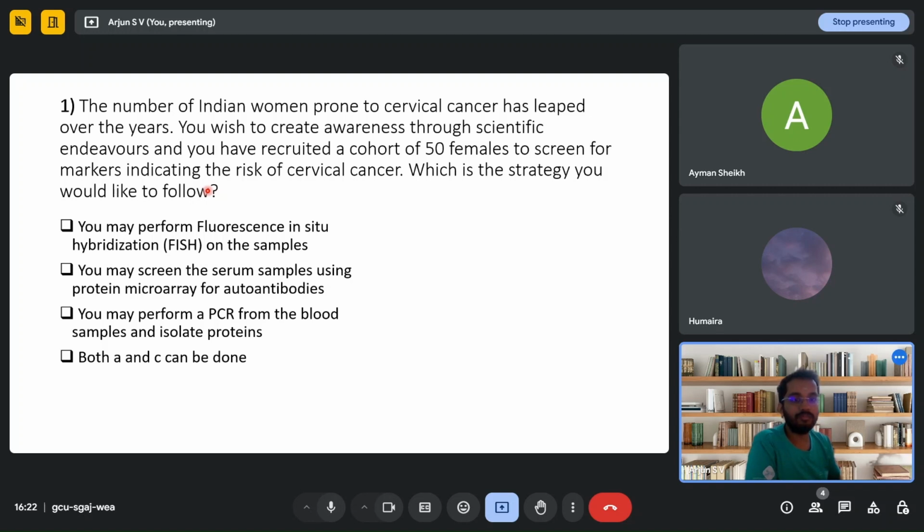It is protein microarray. So the answer will be you may screen the serum samples using protein microarray for autoantibodies. So if there are no doubts, I'll go on to the next question.